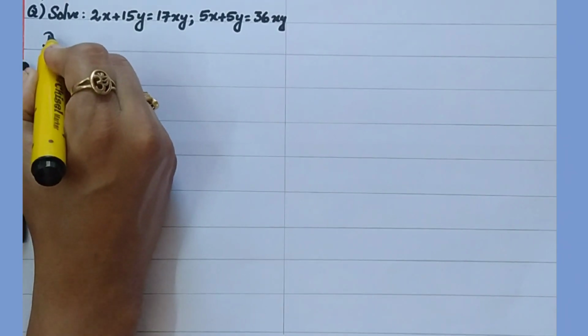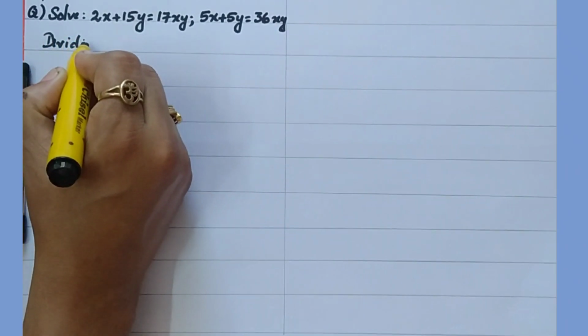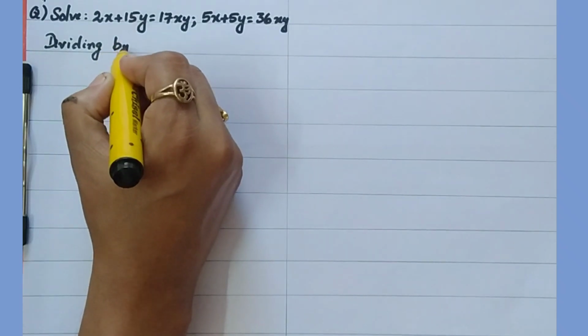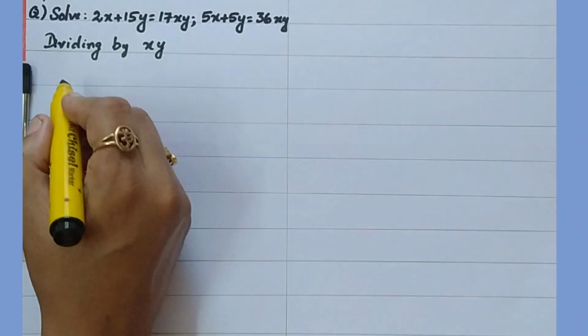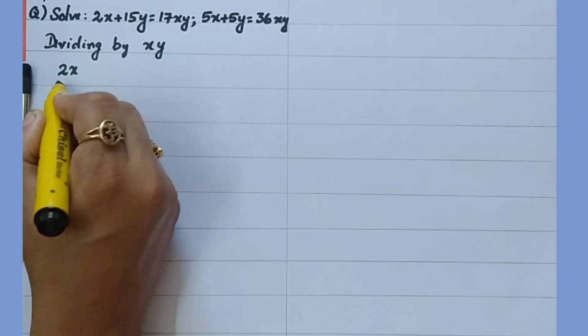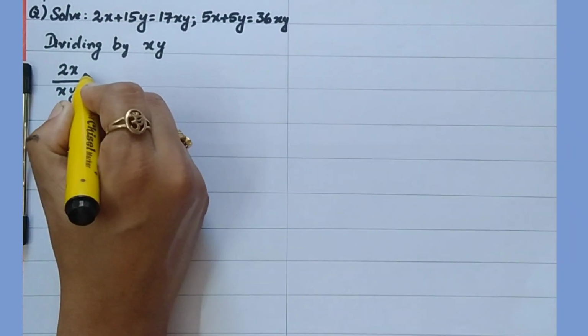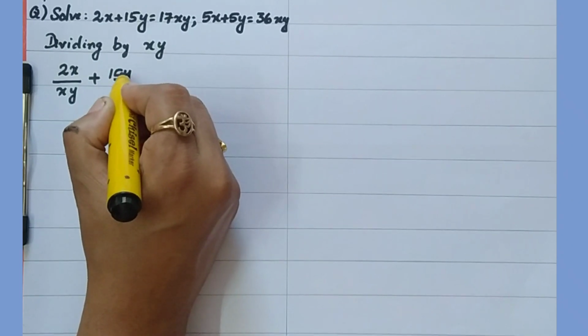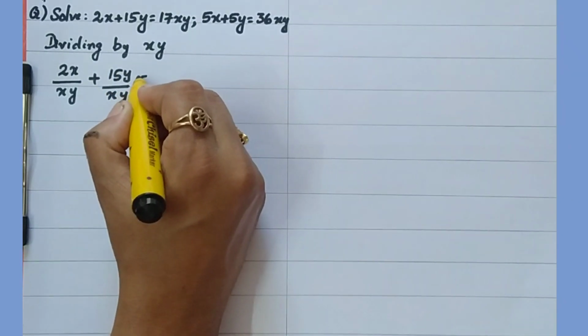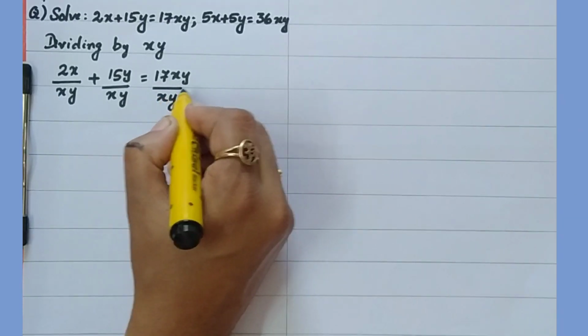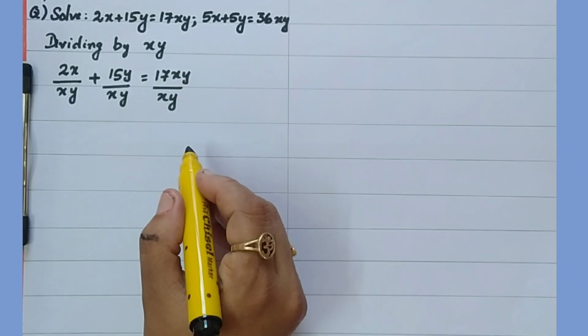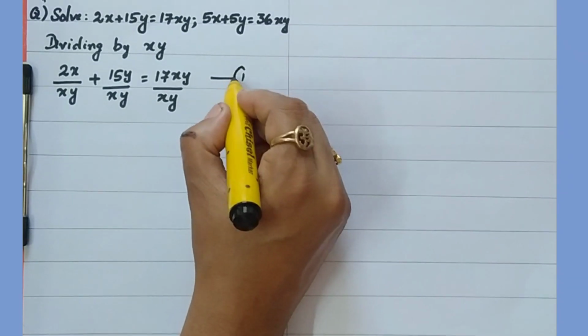What I am going to do is divide both the equations by xy. What happens when divided by xy? 2x divided by xy plus 15y divided by xy equals 17xy divided by xy. This is your equation number 1.